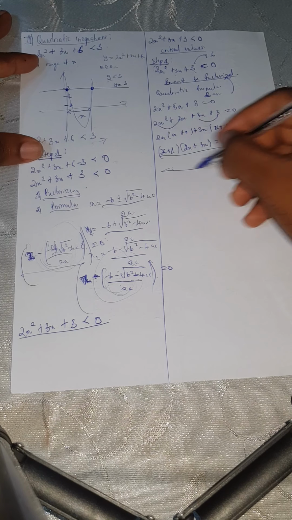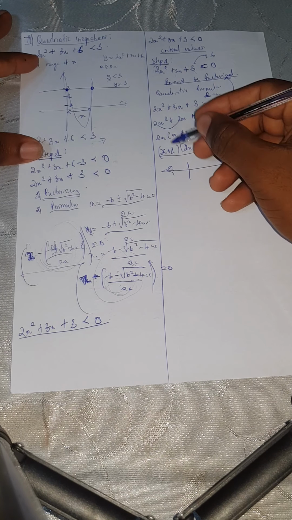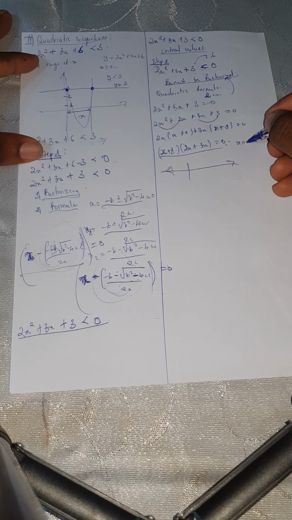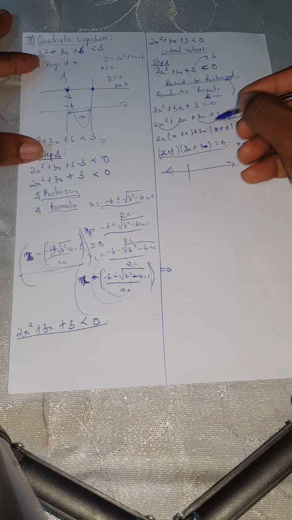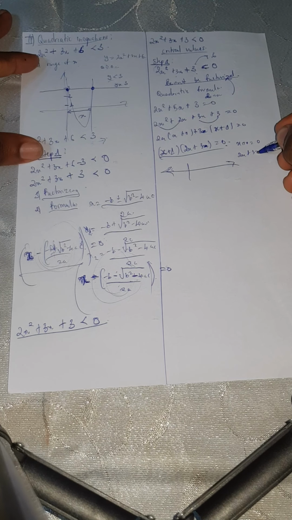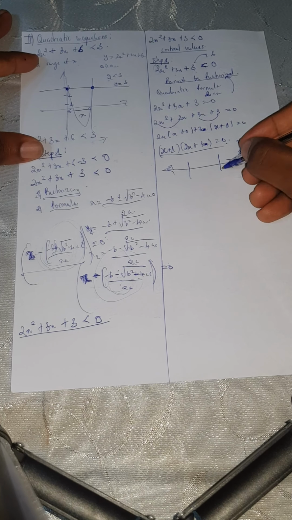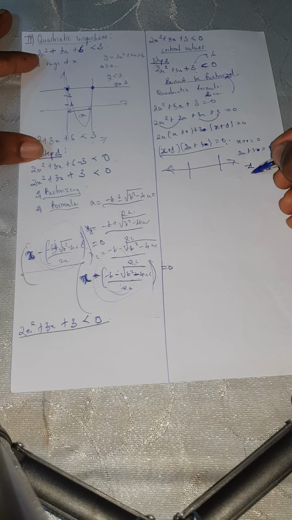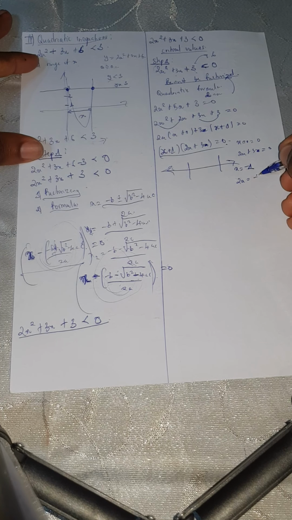And now you're going to have the bounds of this function as such. You take x plus 1 equals 0 and 2x plus 3 equals 0. Your values here at the bounds are going to be x equals negative 1, and 2x equals negative 3.